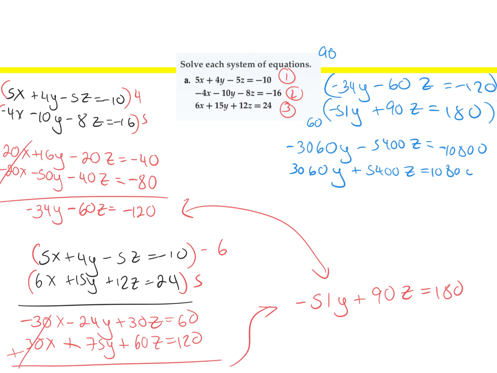Now, if you guys see, they cancel out again, so we get 0 is equal to 0. Now, we end up with all real numbers again.